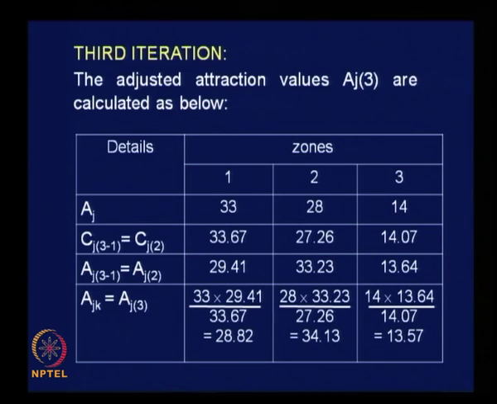And in the next case you can see Aj2 after second iteration had been 33.23 and the input was 27.26 and now we are going to give an input of 34.13, right. And for Aj3 it is going to be 13.57 against the input value of 14.07, okay. With these Aj values let us proceed with the third iteration.